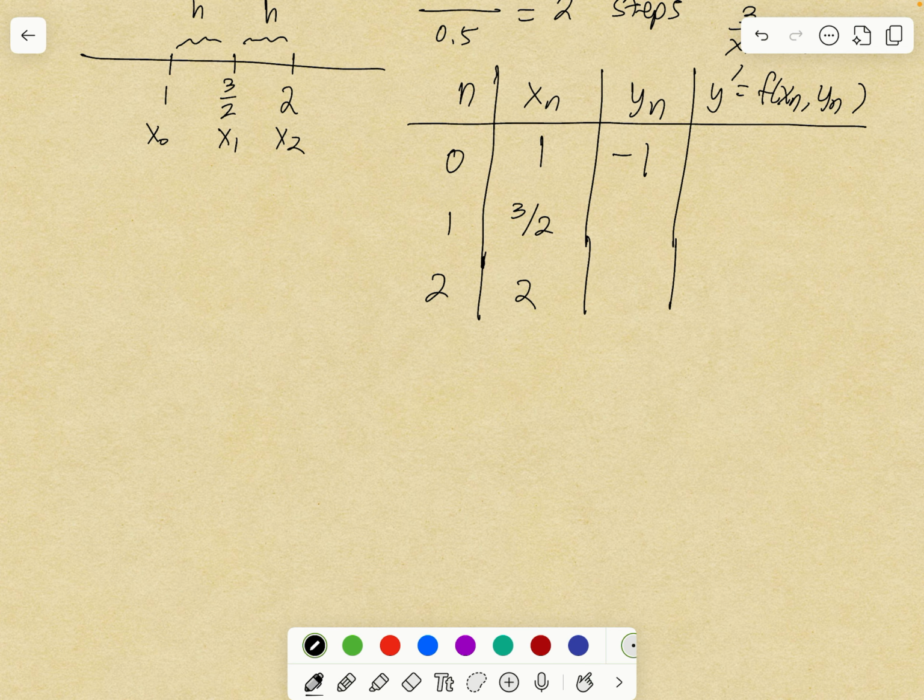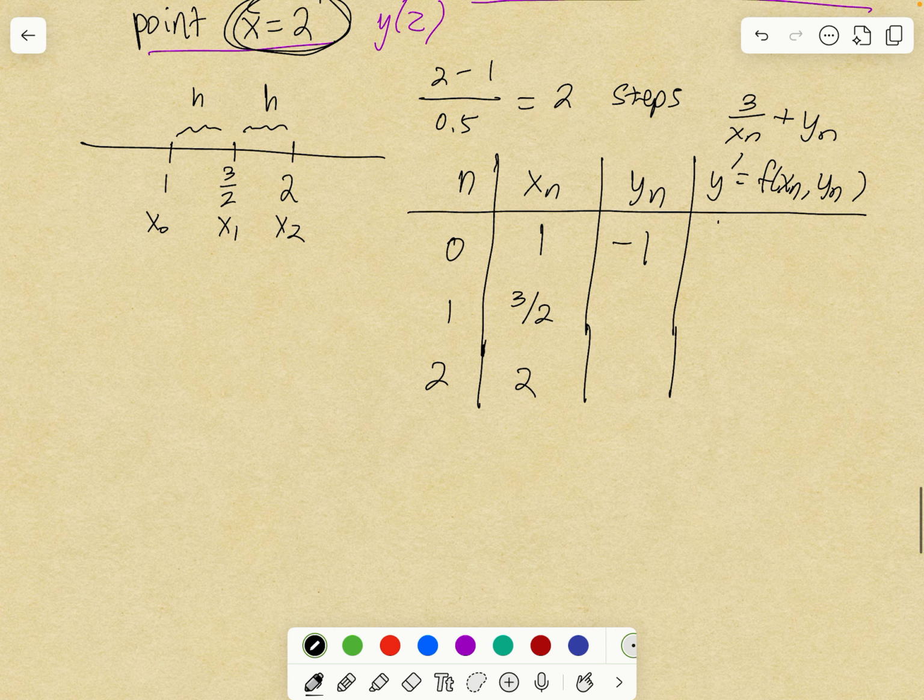So now we're ready to just use the formulas in Euler's method to fill out the rest of the table. Our y prime, that's f of x0, y0, that's 3 over x0 plus y0, 3 over 1 plus negative 1. That's 3 minus 1, which is 2. Now we need y1.